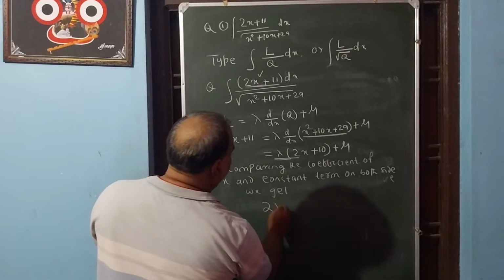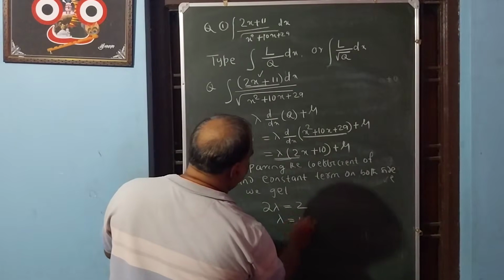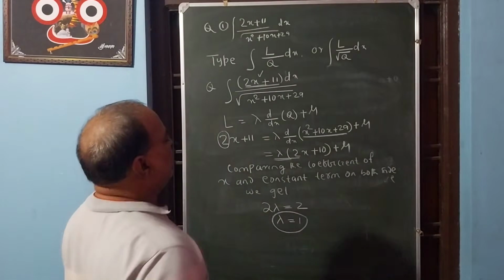So 2 lambda is equal to 2, so lambda is equal to 1. So the lambda value is equal to 1.